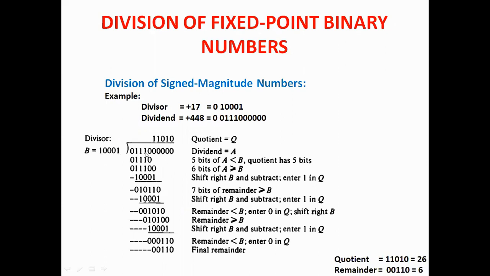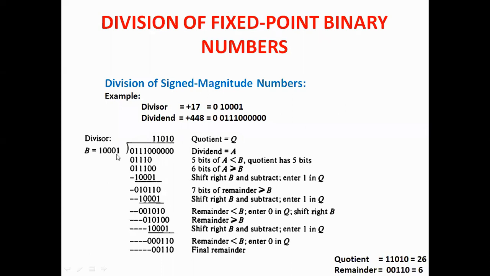As in the binary numbers, since the divisor is 5 bits, we check the first 5 digits here. Let us suppose that this divisor is in B and this dividend is here A. Let us check the first 5 bits of A. These are 0, 1, 1, 1, 0, and the divisor is 10001.